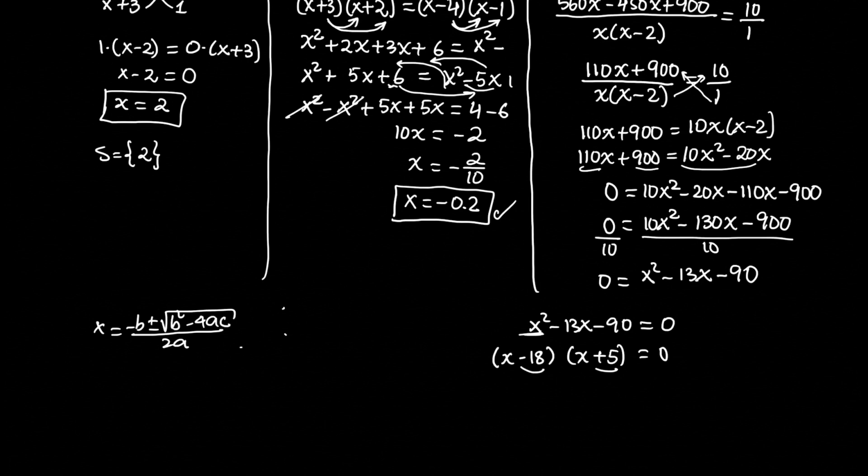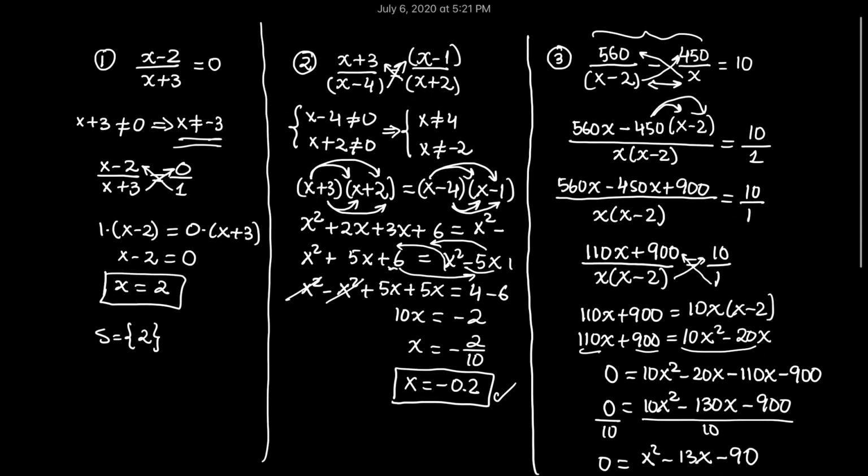And if I multiply minus 18 with 5, it gives minus 90. So this factorization is correct. From here, I set x minus 18 equal to 0 or x plus 5 equal to 0. Then x equal to 18 and x equal to minus 5.